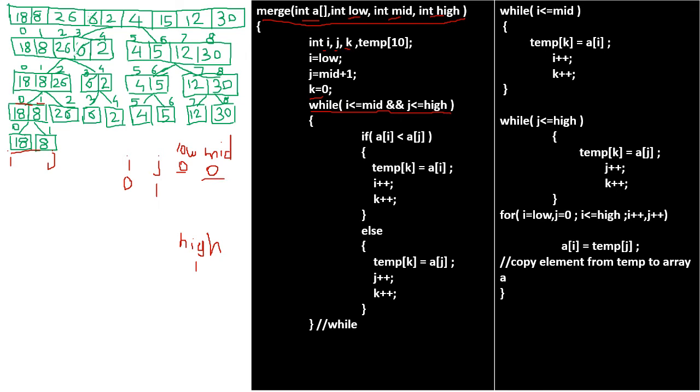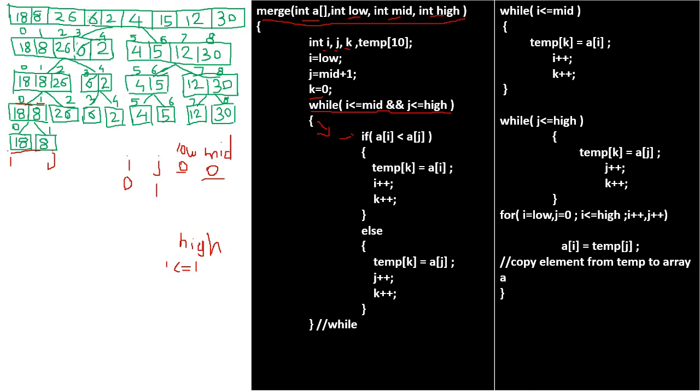Mid value is 0. 0 is less than or equal to 0, yes. After that, j is less than or equal to high. The j value is 1 and the high value is 1. That is, 1 is less than or equal to 1. This condition is also true. Then we enter into this loop, that is the while loop.